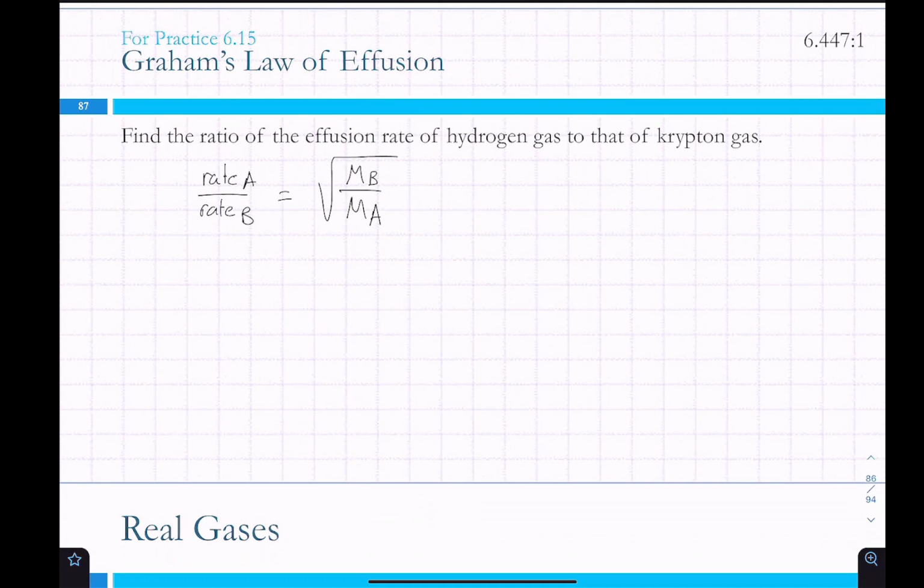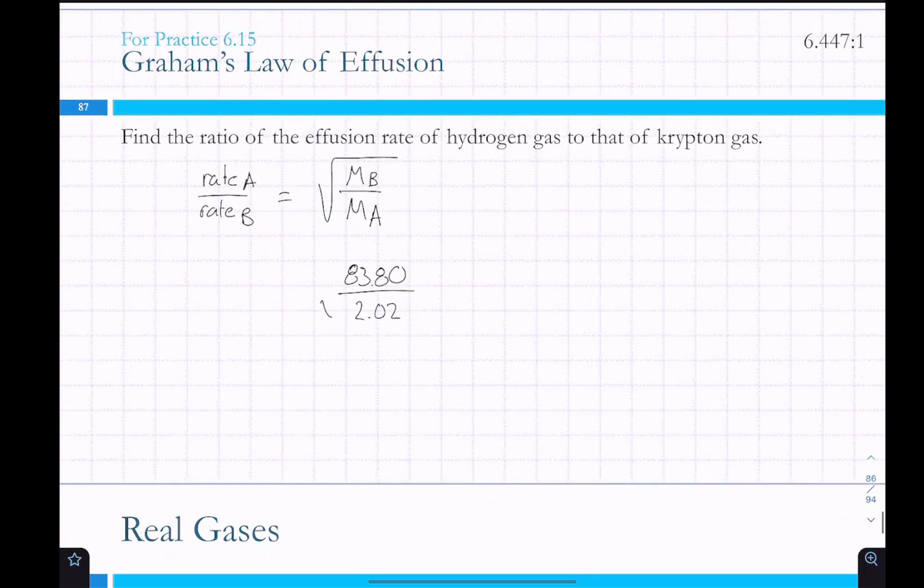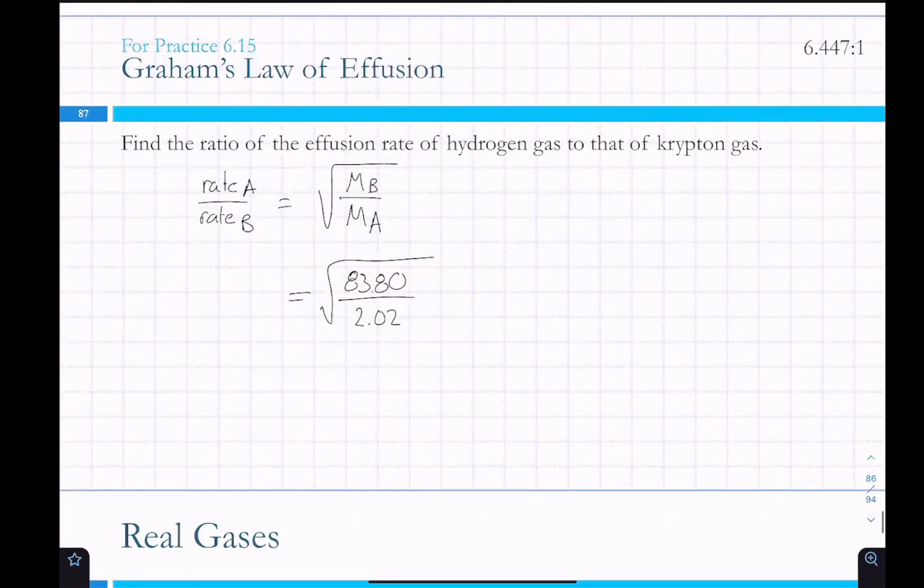So the mass of krypton is going to be 83.80 over hydrogen, 2.02, and the square root of that.